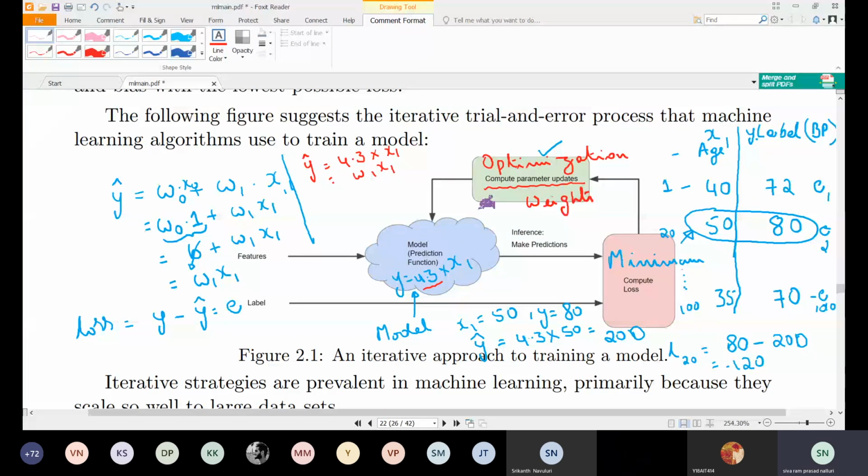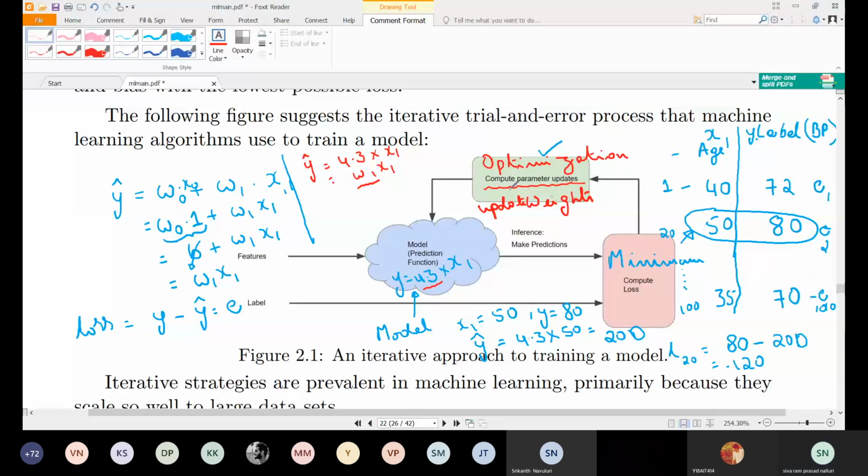How many weights are there in our model? Only one weight. That is the weight that you are assigning to the age of the person in order to calculate the BP.